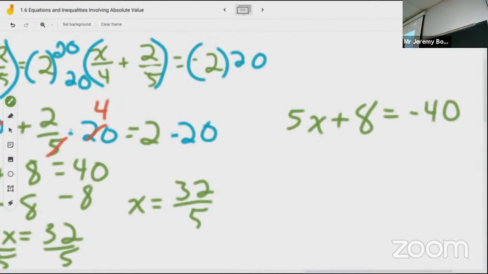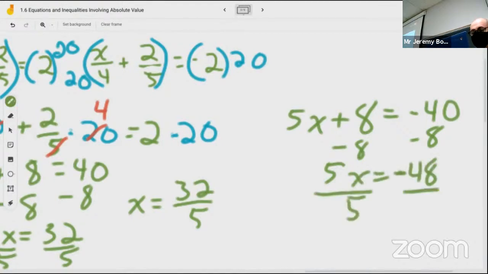And you can work it out if you want to. I just need to do the same thing. And if we subtract 8 from both sides, we'll get 5x is equal to negative 48. And divide by 5, and it's not pretty either here.